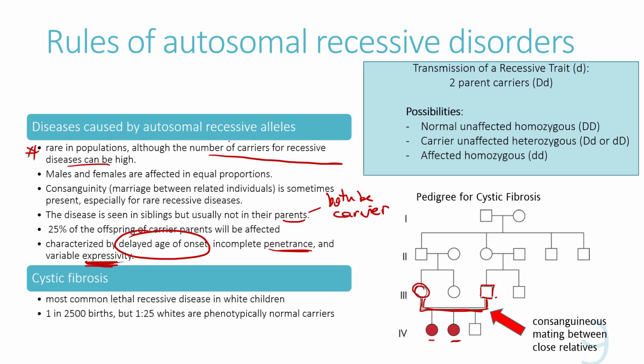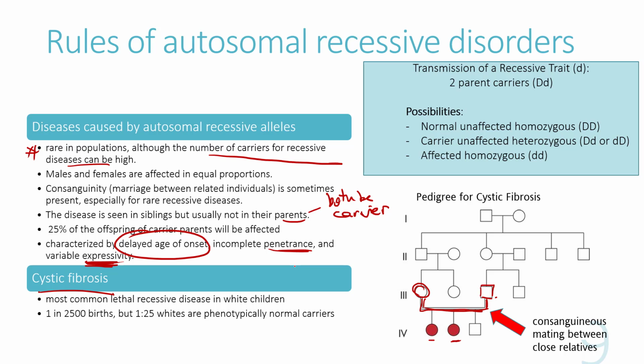So an example of an autosomal recessive disorder is cystic fibrosis. Cystic fibrosis commonly is an autosomal recessive disorder, and you can have two parents who are carriers for it, seem normal, don't know that they are carriers for cystic fibrosis, have a kid or two, and one or both kids may have cystic fibrosis.